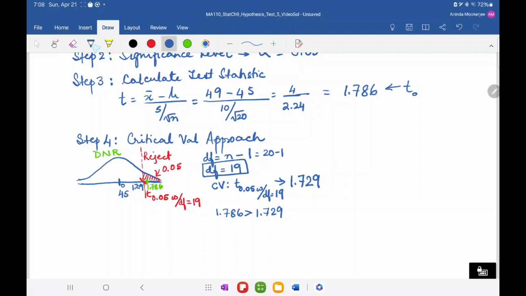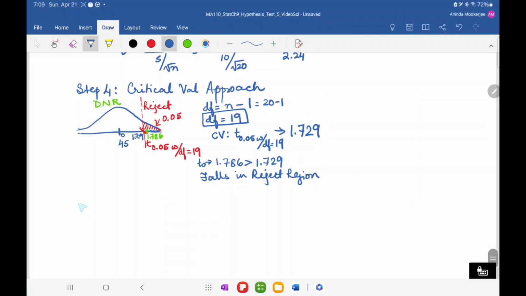So let's write that clearly. That's the t sub 0, the evidence, and it falls in the reject region. So in step 5, we are going to say reject the null hypothesis.